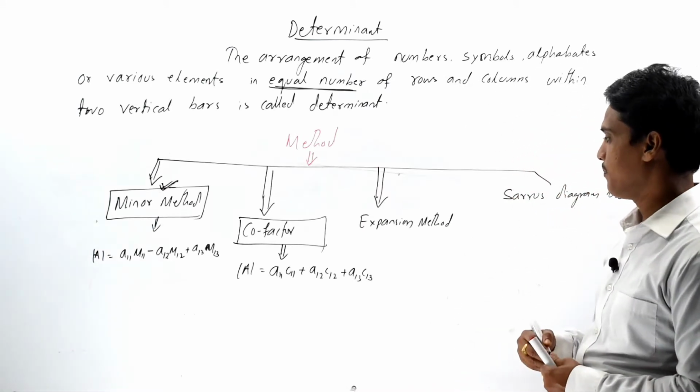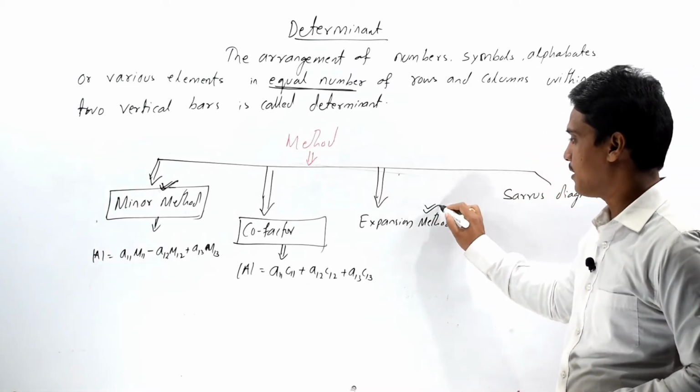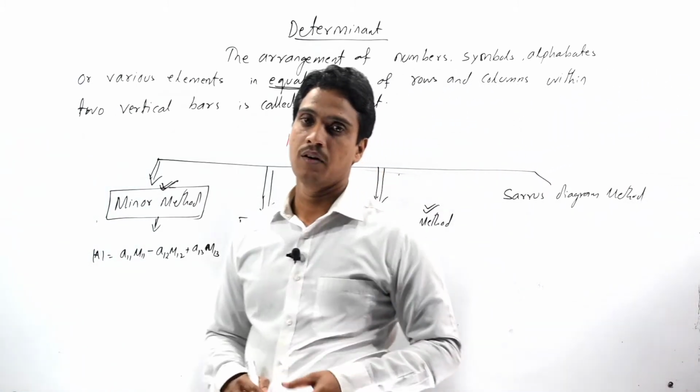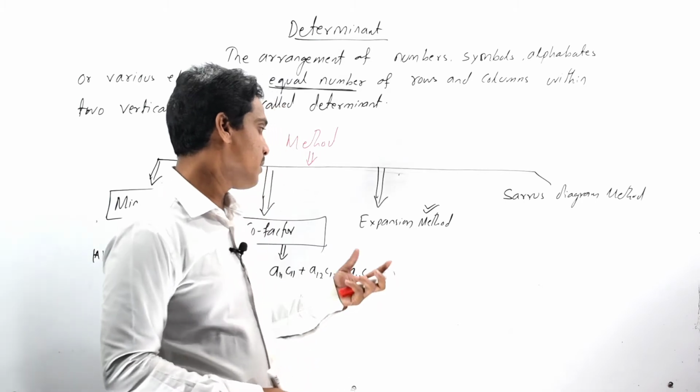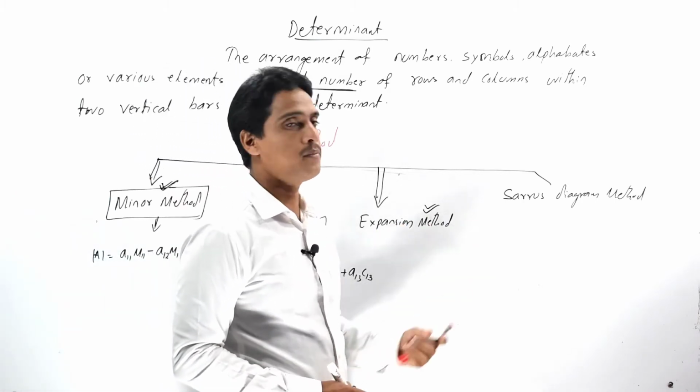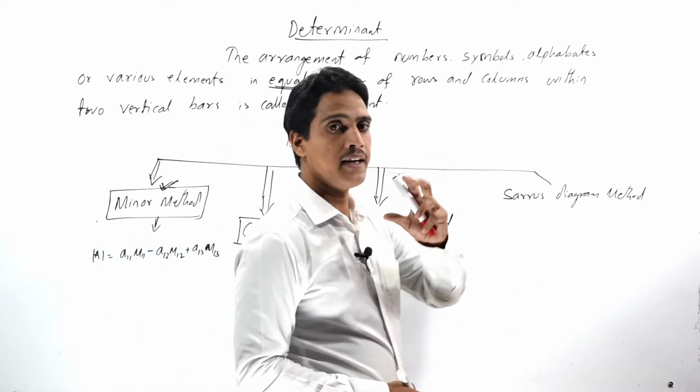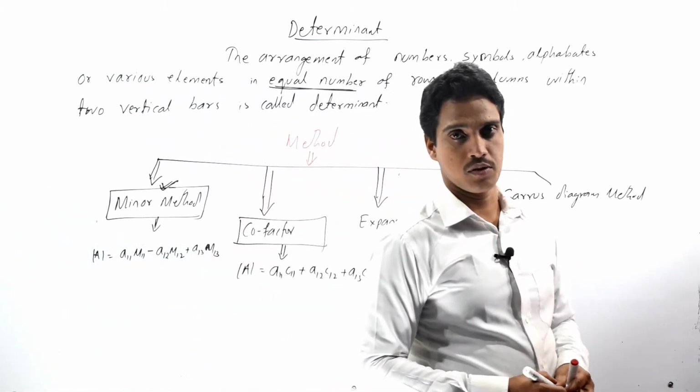So now come to our third method, that is the expansion method. Under this method, we can find the value of the determinant by expanding any rows or columns.